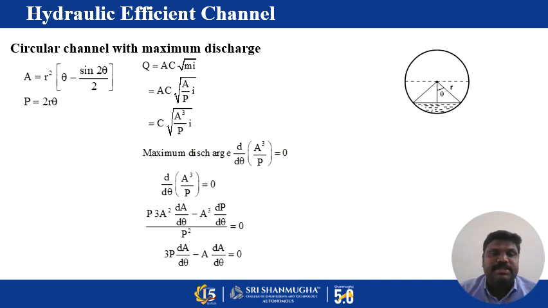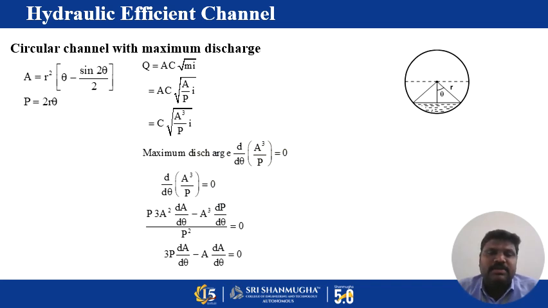To get the maximum discharge, I have to differentiate this equation with respect to theta. So d by d theta of A cubed by P. As per the quotient rule, (u v dash minus v u dash) by v squared, where A cubed is u and P is v. So we get (3A squared dA by d theta times P minus A cubed dP by d theta) divided by P squared.